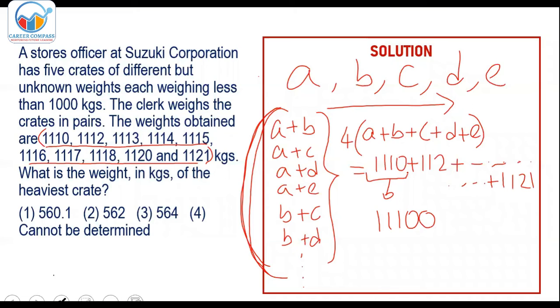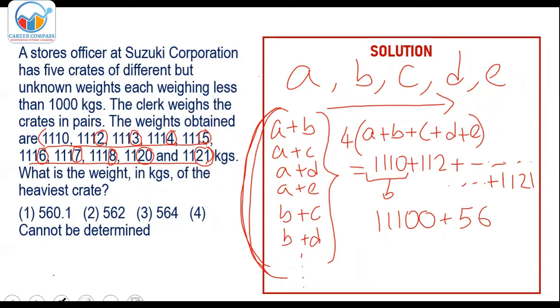Now look here, this is 2, 2 and then 3, that will make it 5, plus 4, 9, plus 5, 14, plus 6, 20, plus 7, 27, plus 8, that is 35, plus 10, that is 45, plus 11, that is 56.